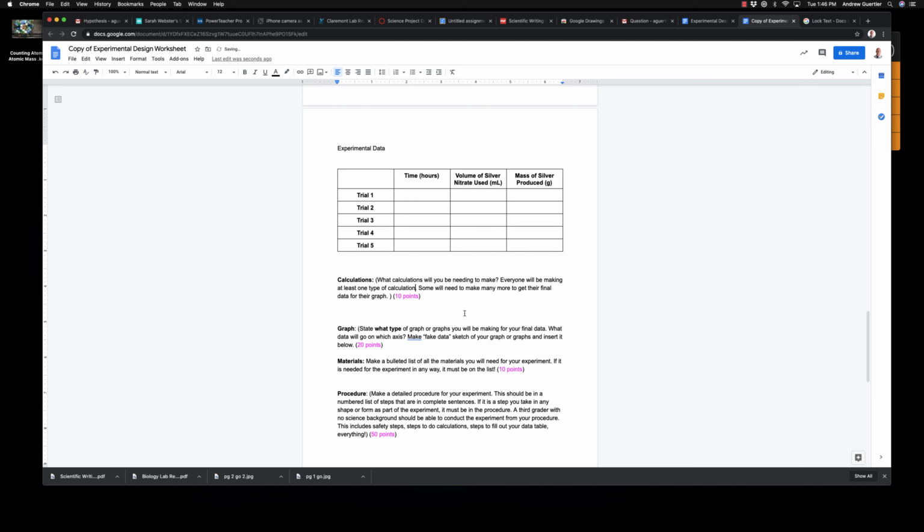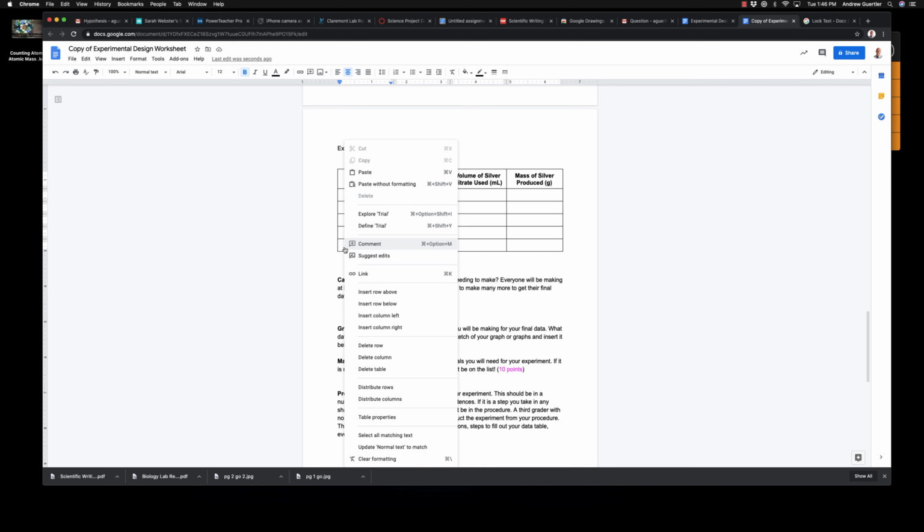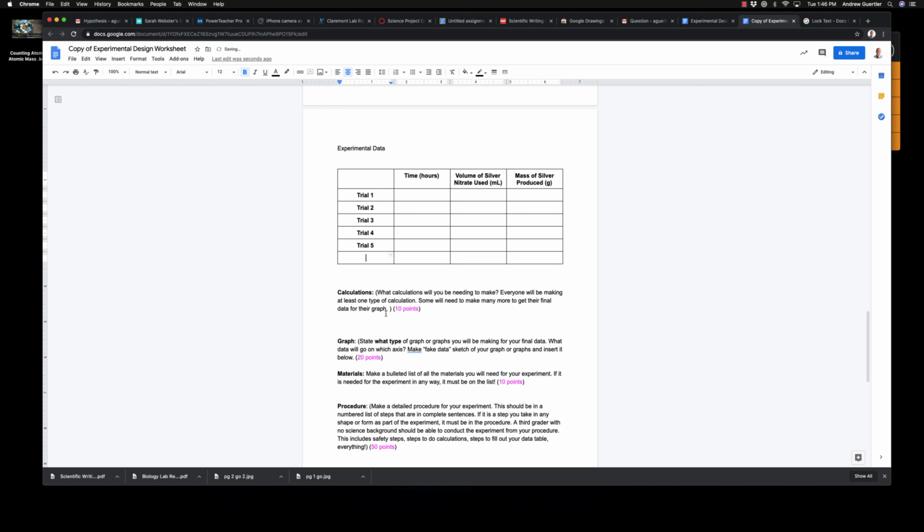Next section is calculations. What kind of calculations are we going to need to do? And this is actually going to remind me to put another section on my table. And I'll show you why. Average. We don't need an average time.